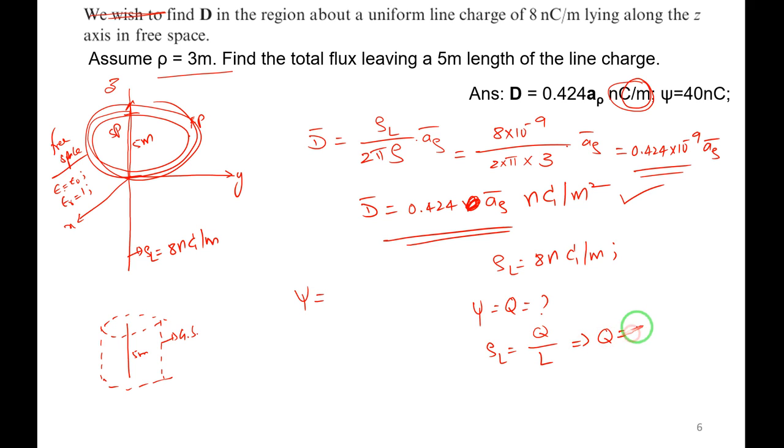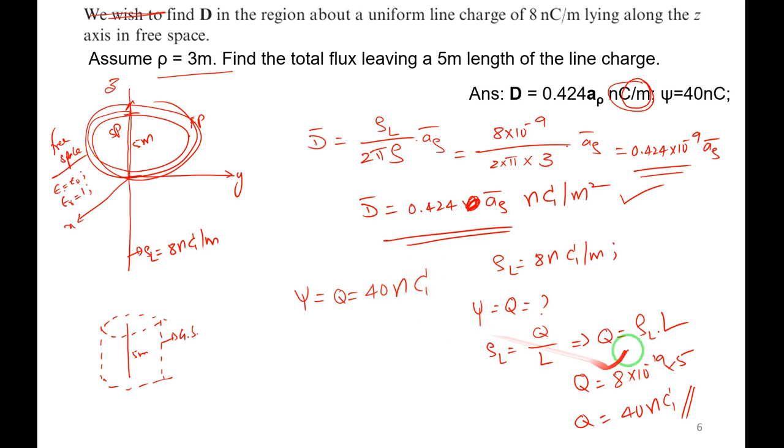So what is Q? Q is equal to rho L into L. Rho L is 8 into 10 power minus 9, into L. L is the length of the line charge. It is 5 meters, right? So Q is equal to 8 times 5, which is 40 nano coulombs. So psi equal to Q, and that is equal to 40 nano coulombs.